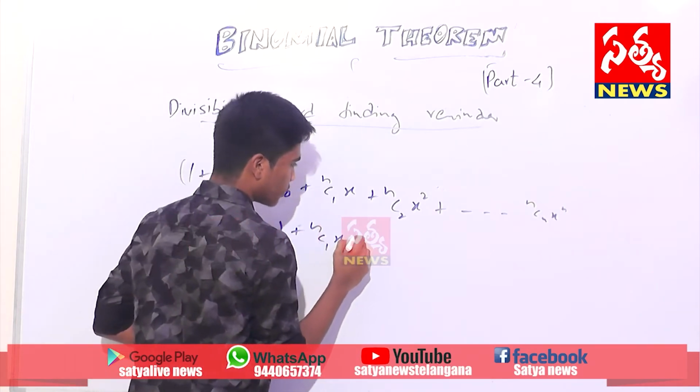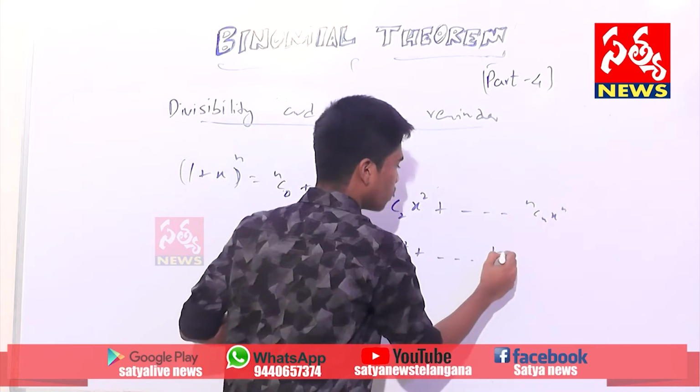So 1 + nC1 x + nC2 x^2 + and so on up to nCn x^n.